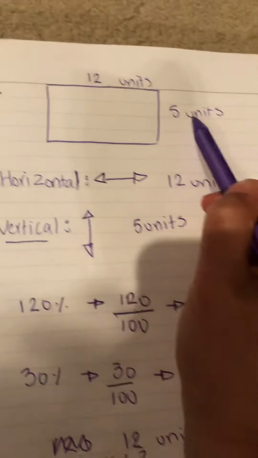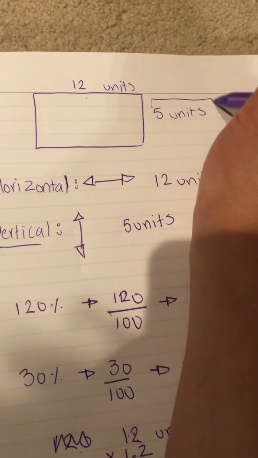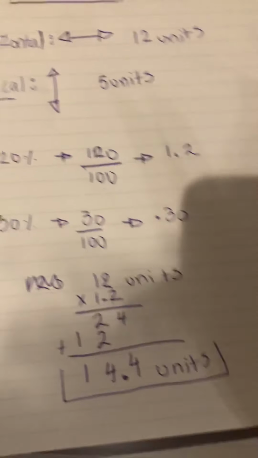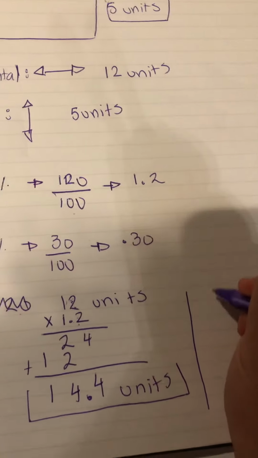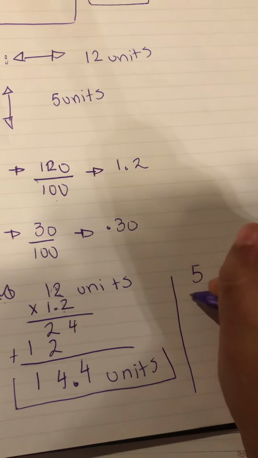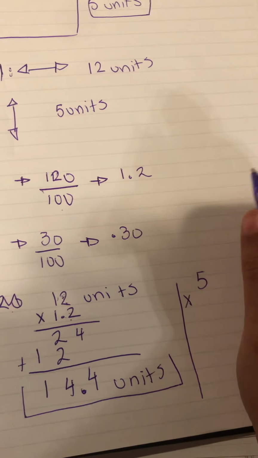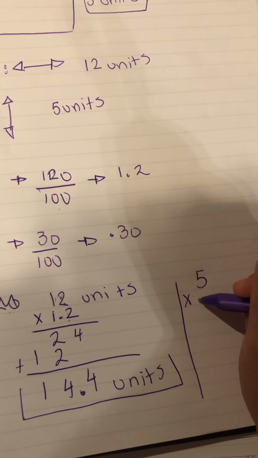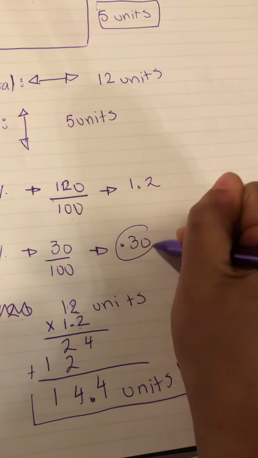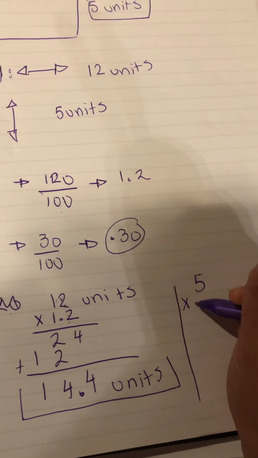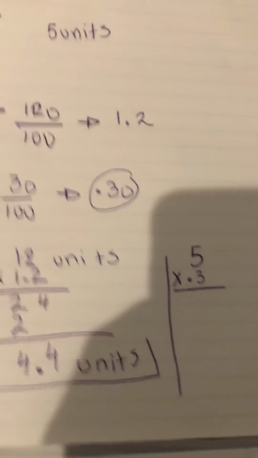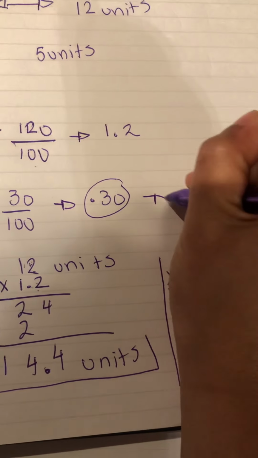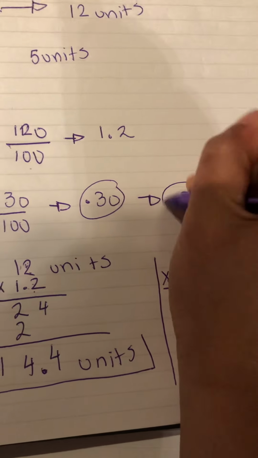What I'm going to do here, I know that my vertical side is 5 units. And so if it's 5 units, I'm going to multiply it by 0.30 because it's 30%, and we could actually just do this as 0.3. 0.30 is the same as 0.3.